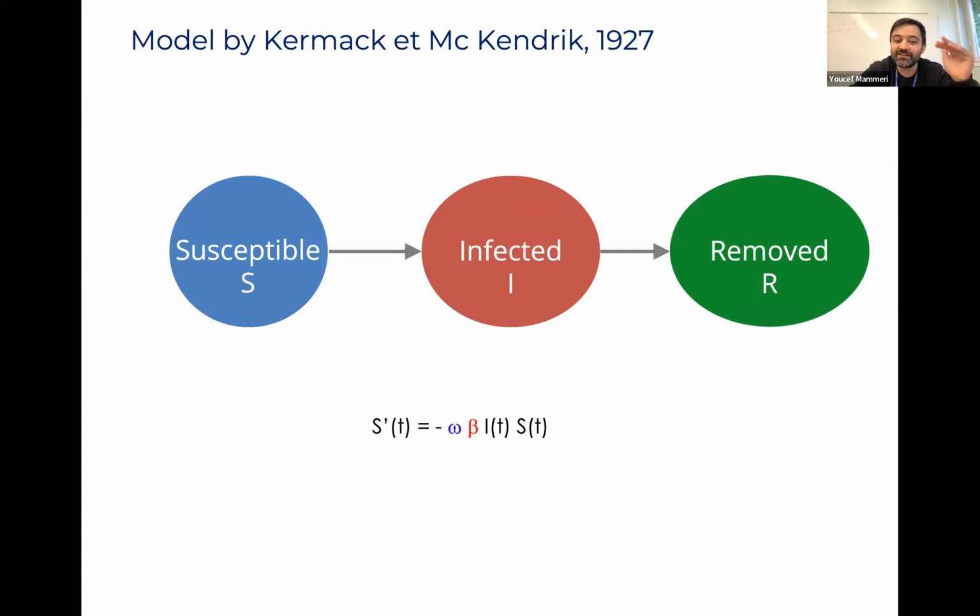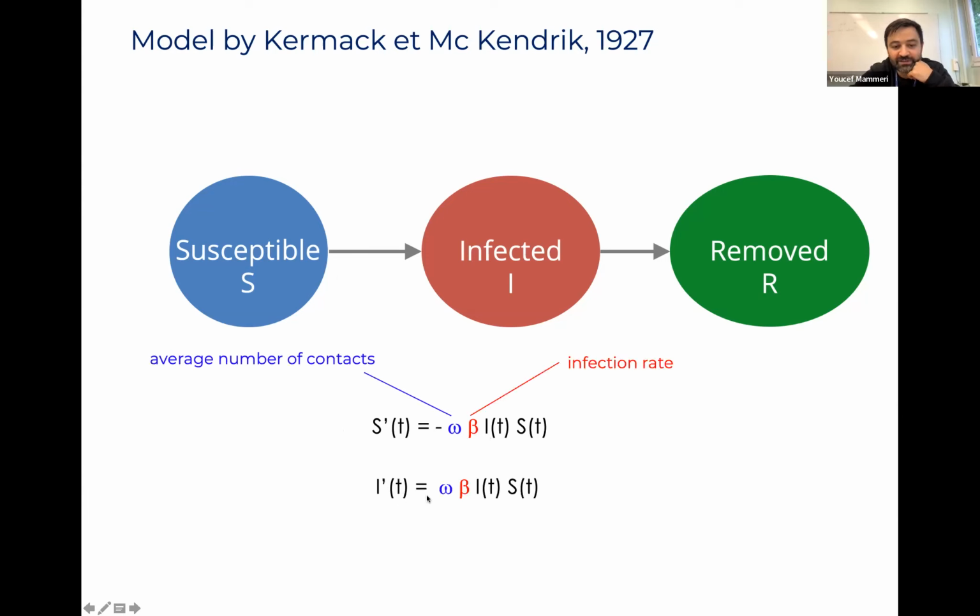And they do exactly the same as before. So we still have the susceptible, so the number of susceptible is decreasing. When you are susceptible, you become infected when you are in contact with infected, the same. So the new infected are the susceptible who become infected.